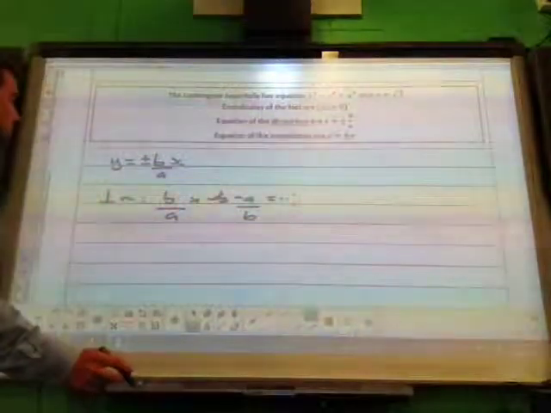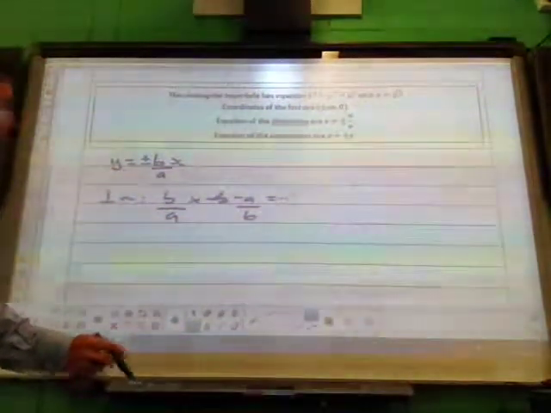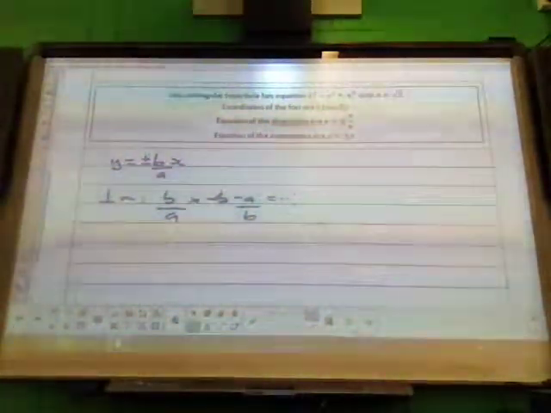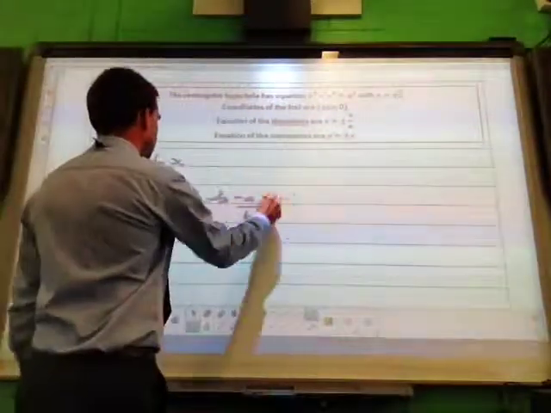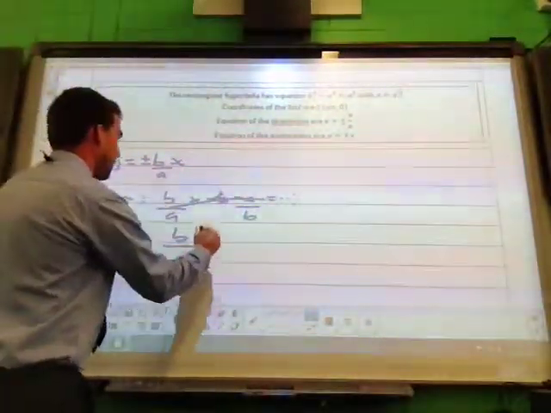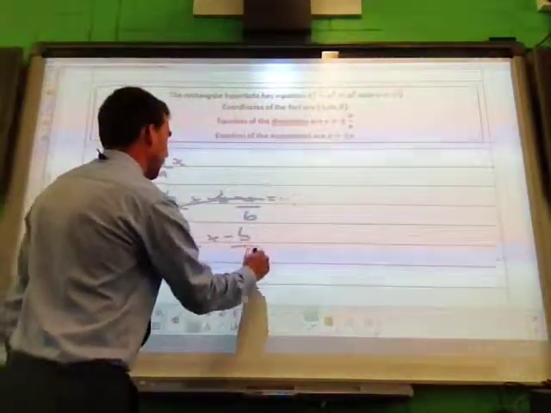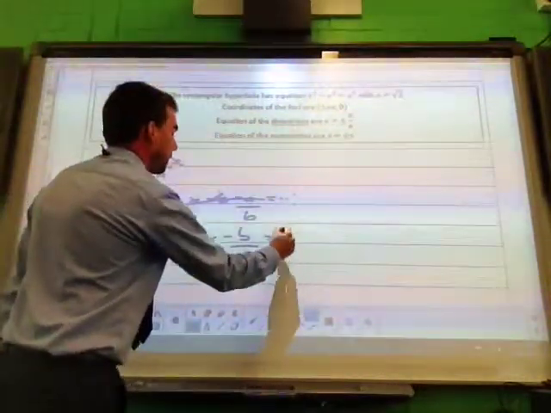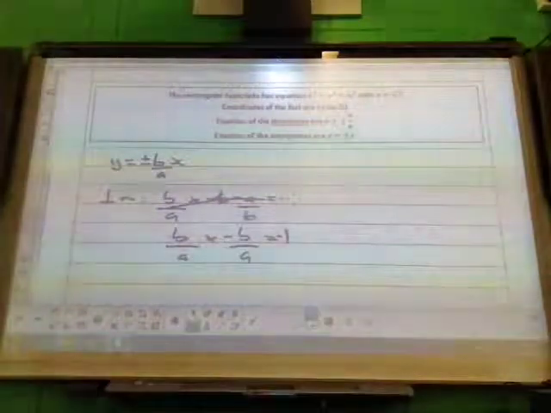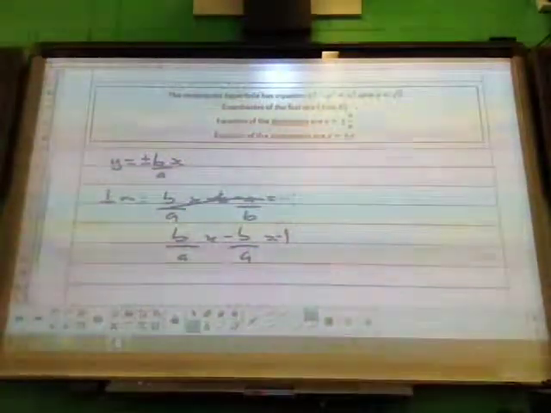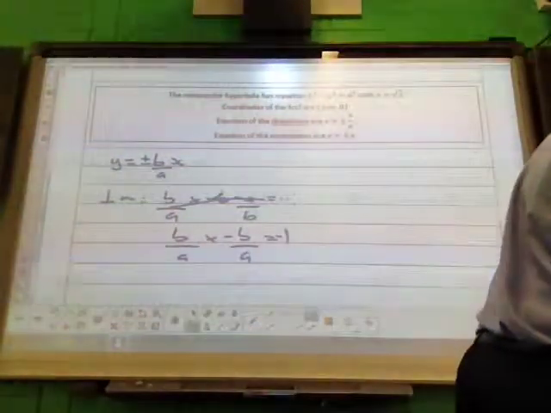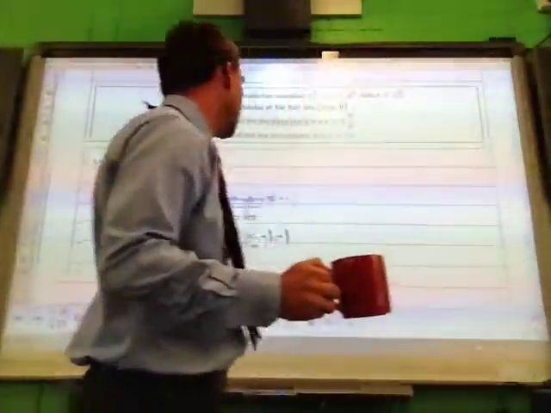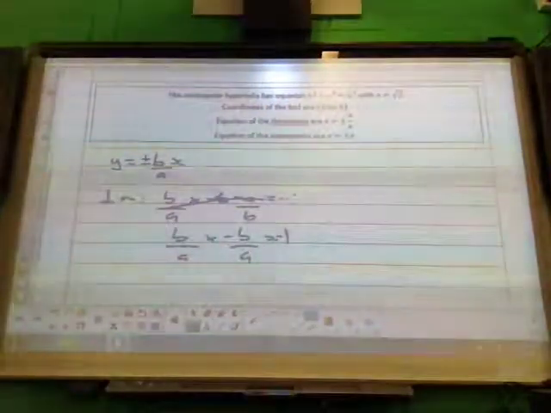Hang on. No. So B on A times negative B on A is equal to -1. Okay, so the gradient of those two asymptotes, one's going to be positive B on A, the other one's going to be negative B on A, and when we multiply those two gradients together, we should get -1.